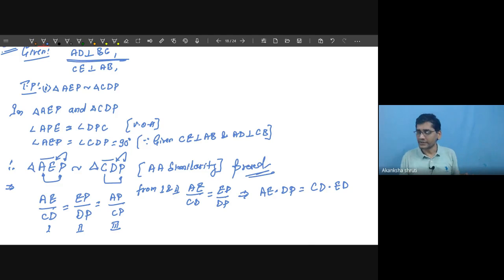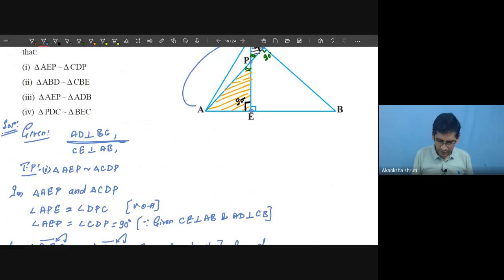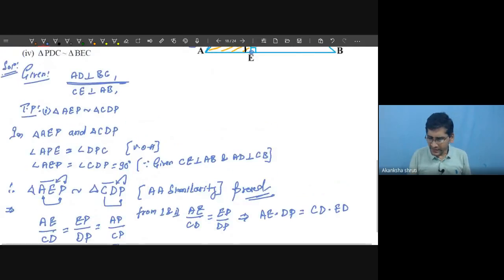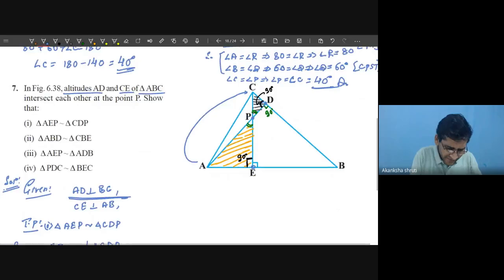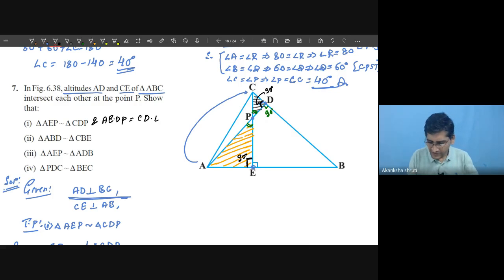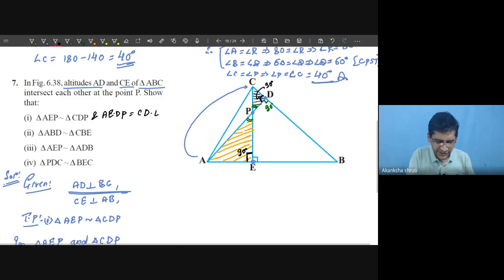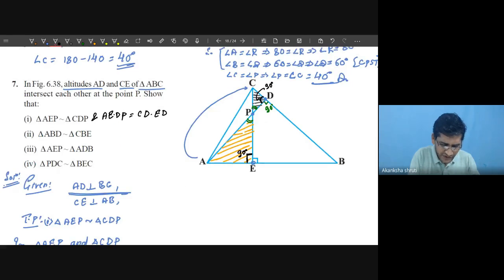Okay, so it is like this one. So all these mean the same. So all these steps are the same, just going one step ahead. So it may be asked for proving this, say AE times DP is equal to CD times ED.